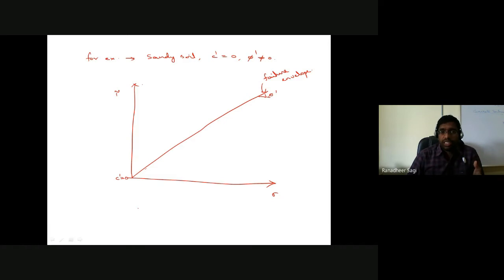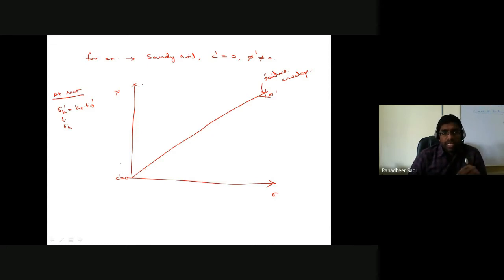We have already seen this in our earlier discussion. For at rest condition, sigma H dash is equal to K naught times sigma V dash. Let's say there is no effect of water table in this particular example. So from my calculated sigma H dash, I can get my sigma H, which is simply equal to sigma H dash.